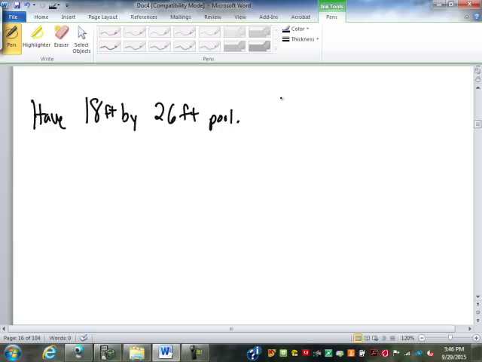That's huge. And then you've got a 2.5 foot perimeter around the outside. You plan to put a 6-foot deck around the whole pool.